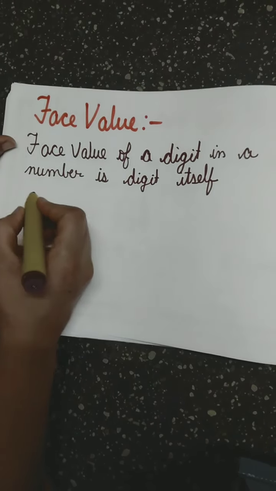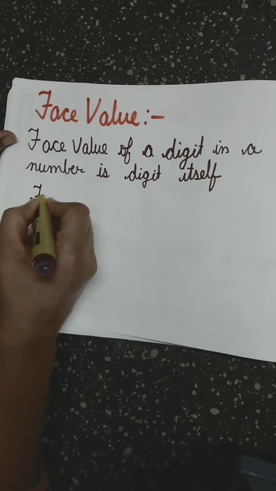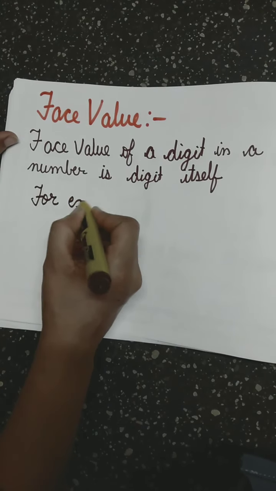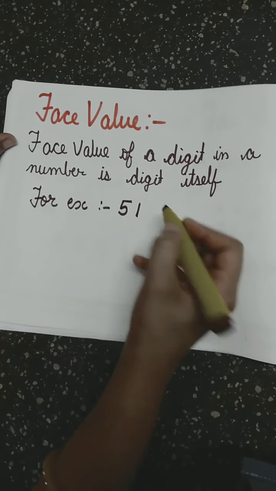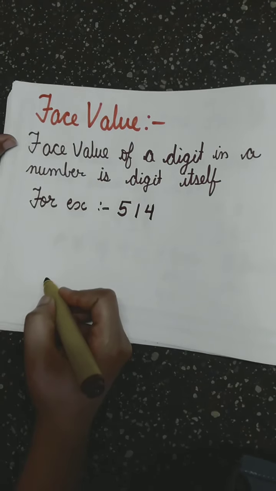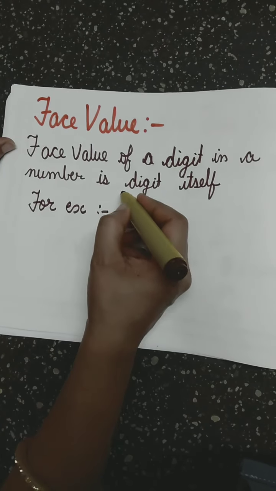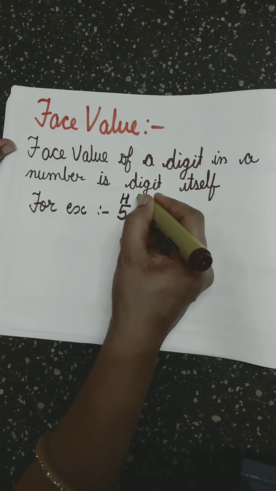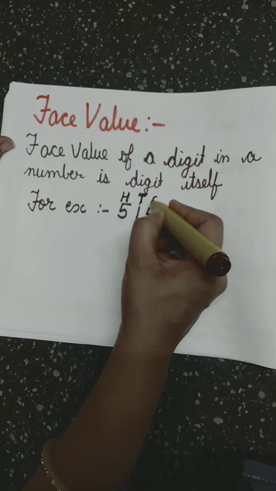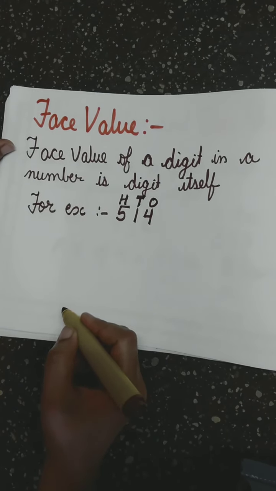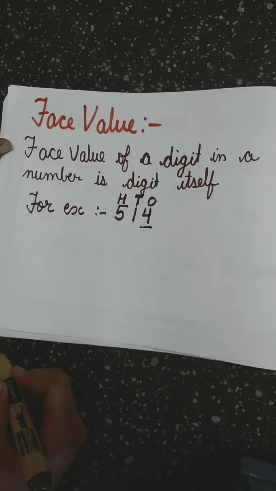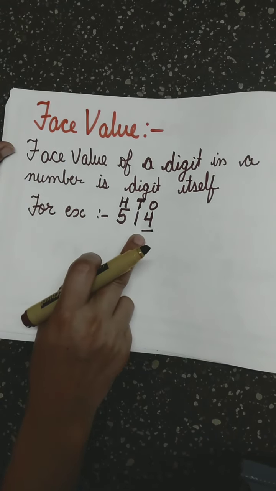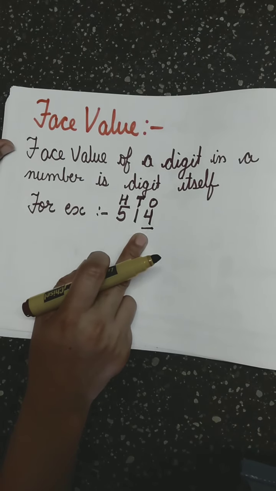We are taking here the number 504. So here we have 5 under hundreds, 0 under tens, and 4 under ones. And in this 4 is underlined. So it means we have to find out the face value of 4.